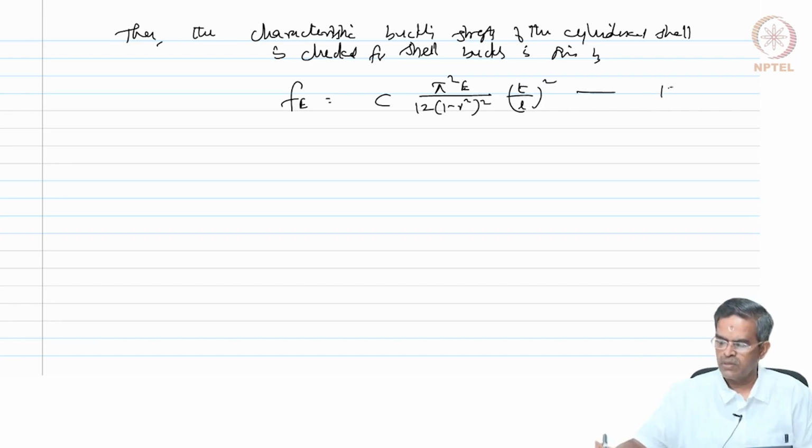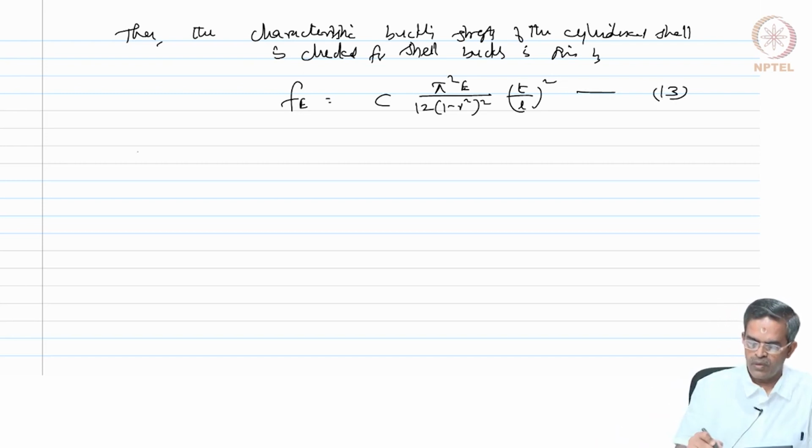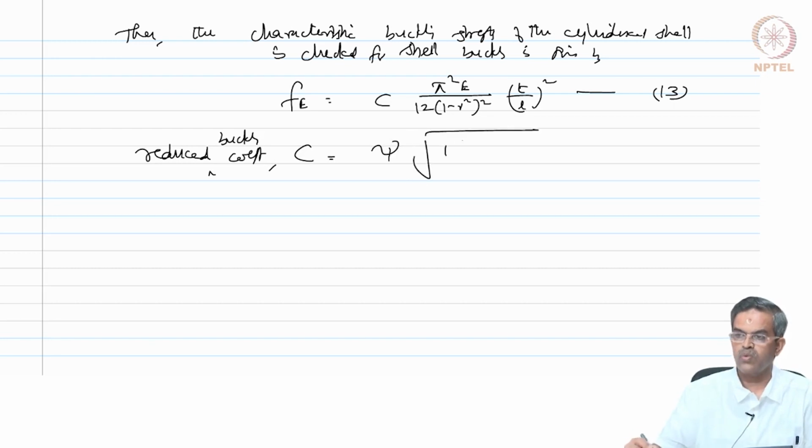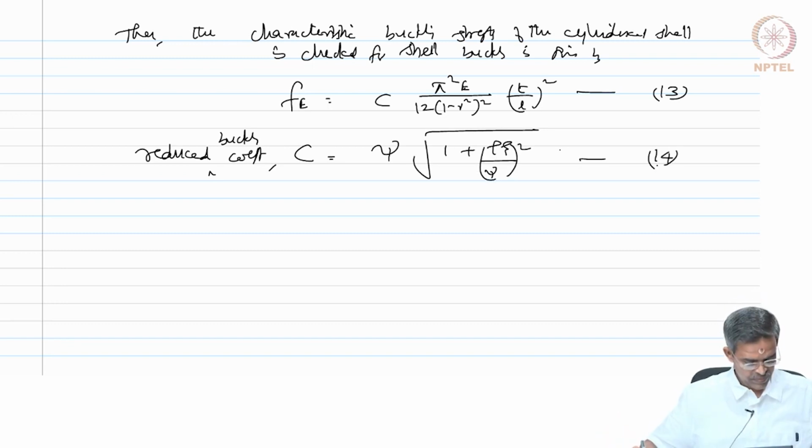We will call this equation number 13. Now, the reduced buckling coefficient C is given by psi times of square root of 1 plus rho epsilon by psi the whole square, equation 14.